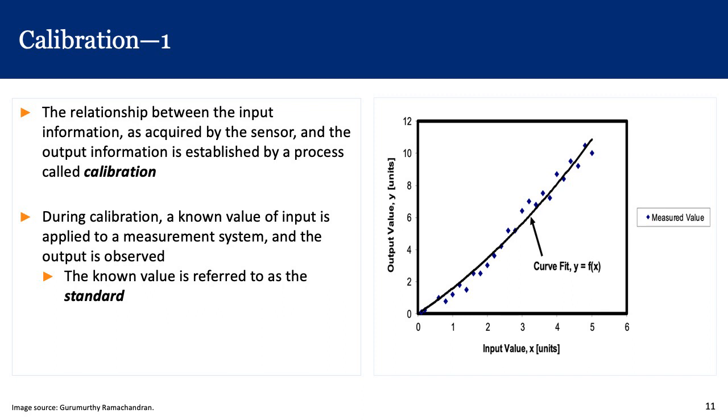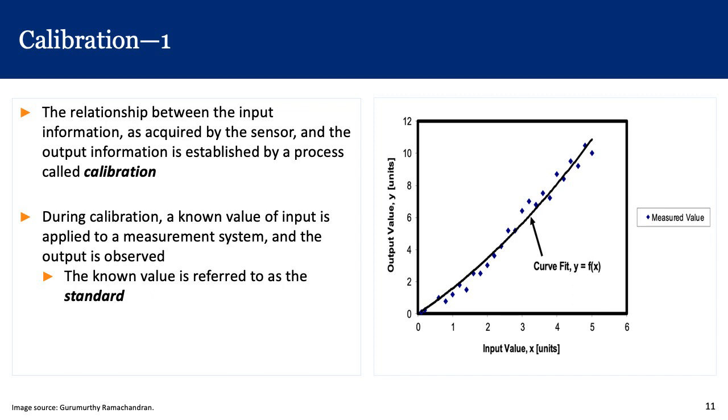During calibration, a known value of input is applied to a measurement system, and the output is observed. The known value is referred to as a standard. In our example, we would make a known flow rate of air into the rotameter.